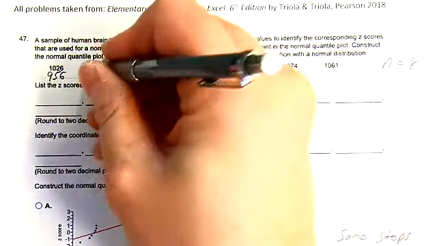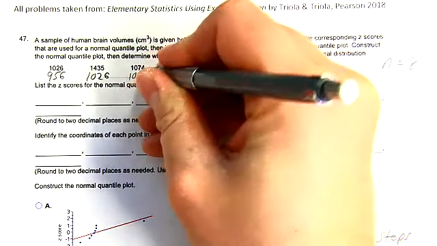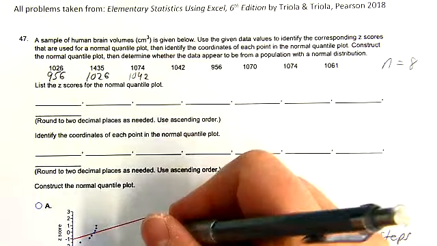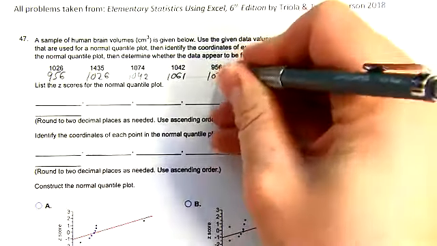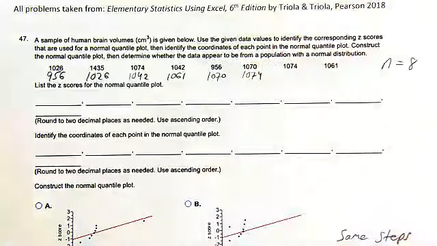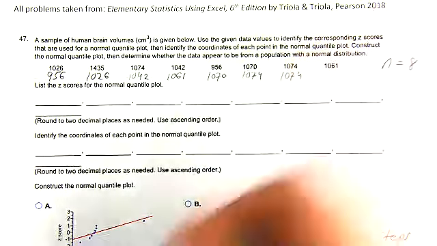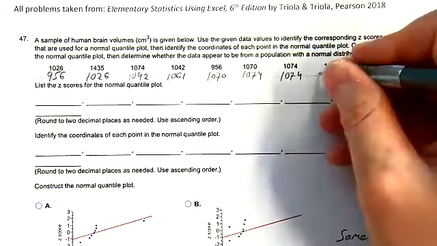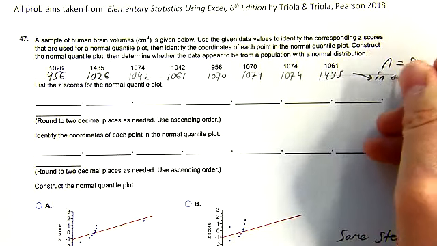Then it should be 1026, 1042, 1061, 1070, 1074, another 1074, and then a 1435. So this line is in order.